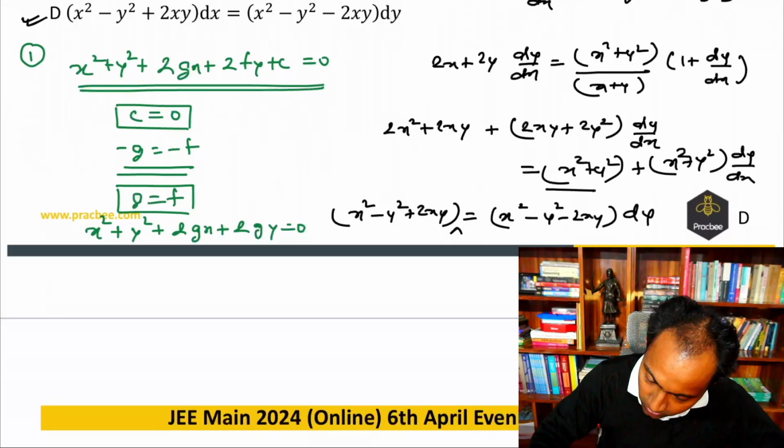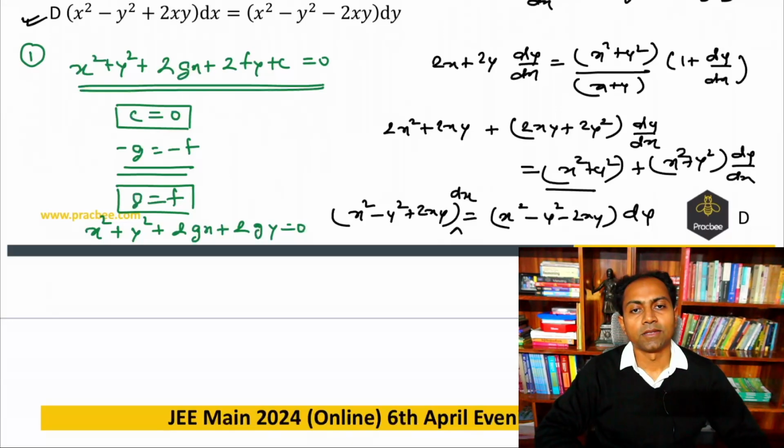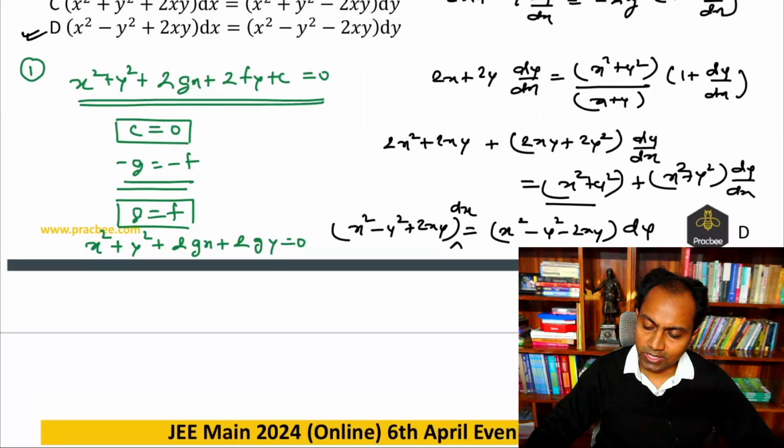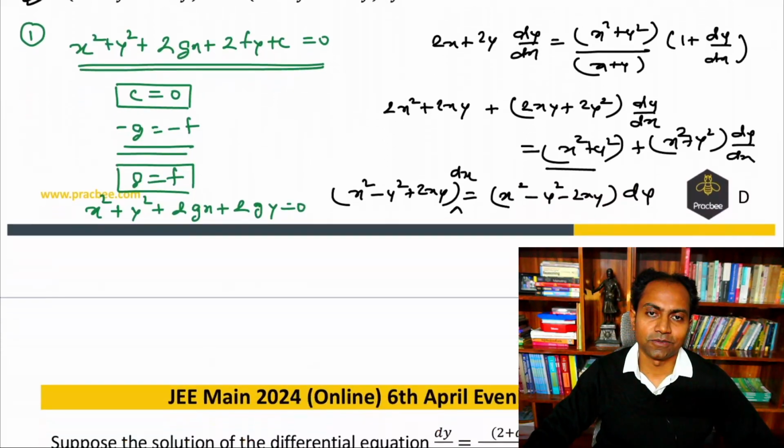Dx also can be taken on this side. If I write it like this, you can see that again D option matches. So this second method is substitution, first one was elimination.